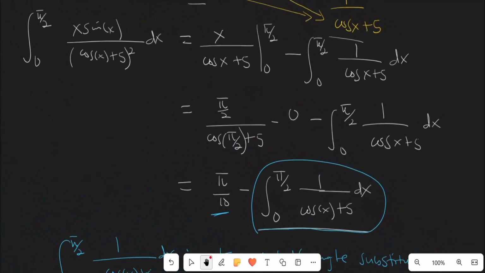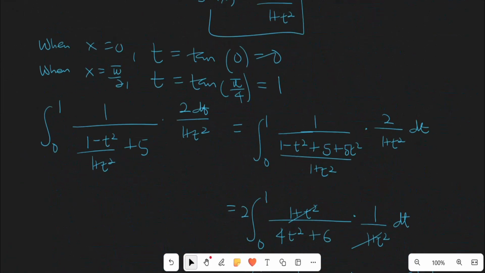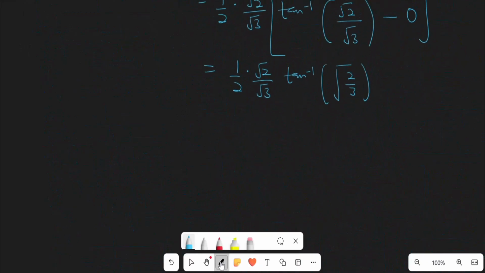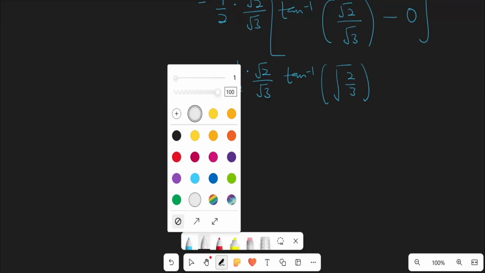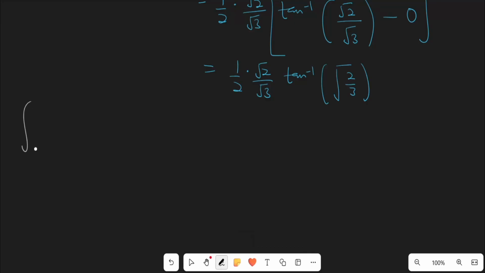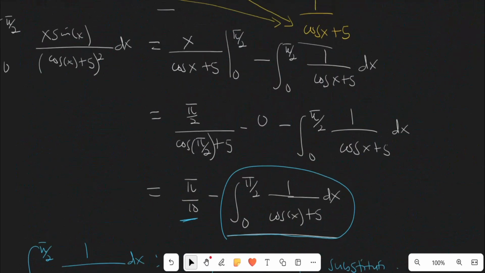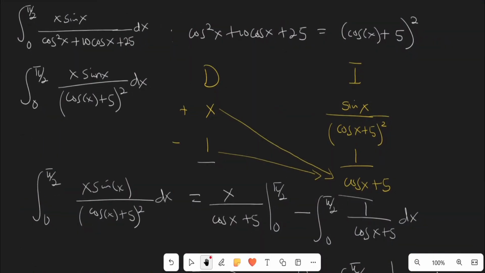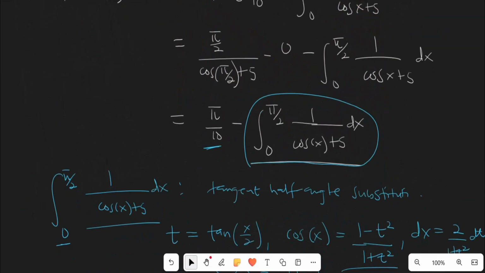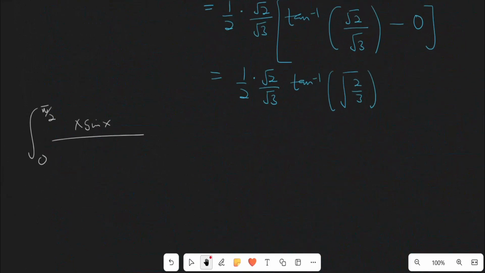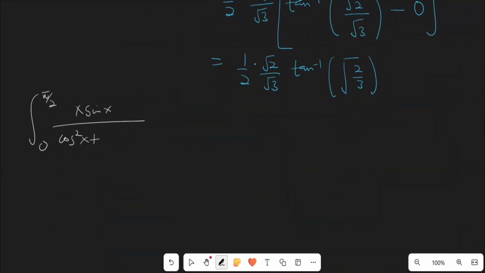Our integral is the integral from 0 to pi over 2 of x sine x all over cosine squared x plus 10 cosine x plus 25 dx.